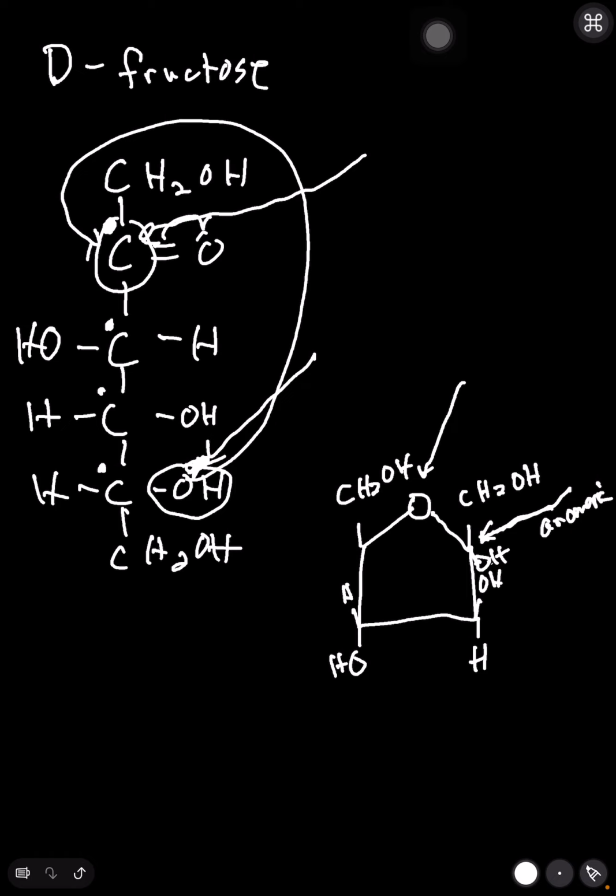And that carbon also has the CH2OH as well as the OH. Just like we saw before, we can have alpha and beta at the anomeric carbon. It just depends on which one is represented. I went ahead and represented the alpha one here, but both will form. These are still going to be in equilibrium with each other.